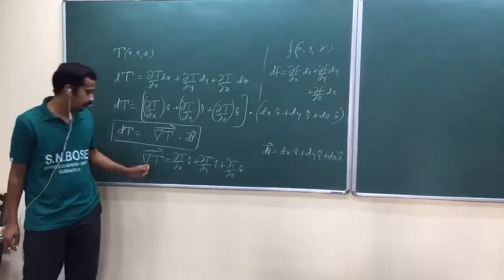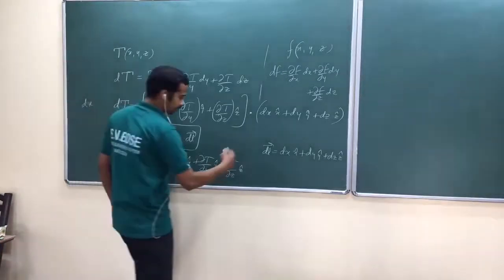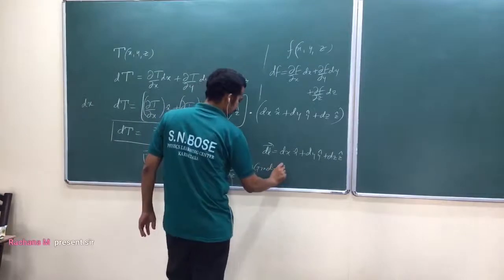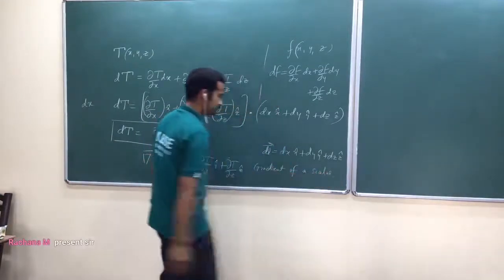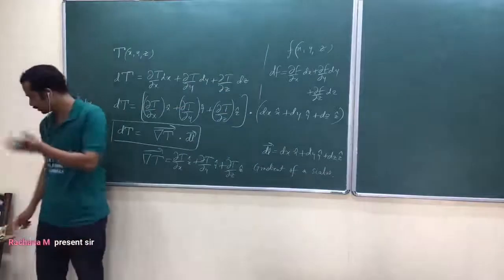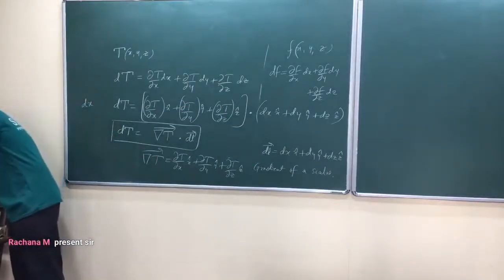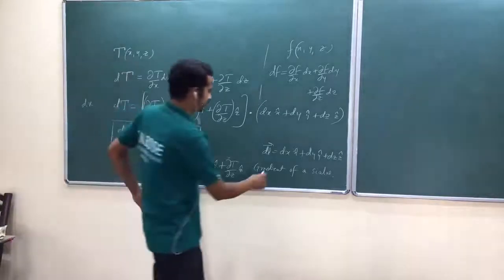Now this is a vector quantity, okay, the gradient of a scalar. We call this one the gradient of a scalar. We have to read it like that. That's a vector quantity. Wait a second. We have to interpret that one. Yeah, you better write this one.